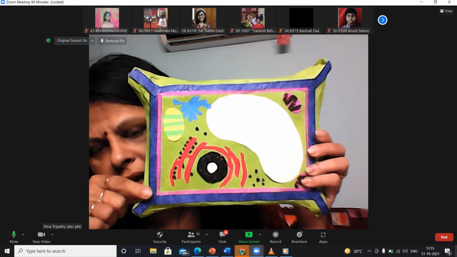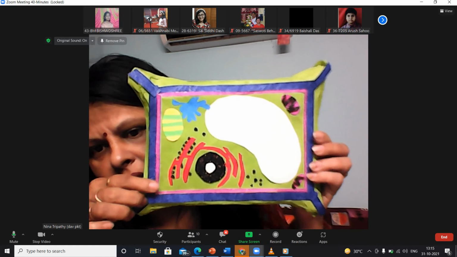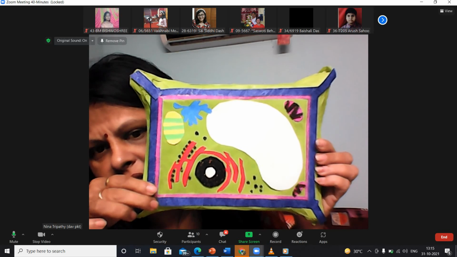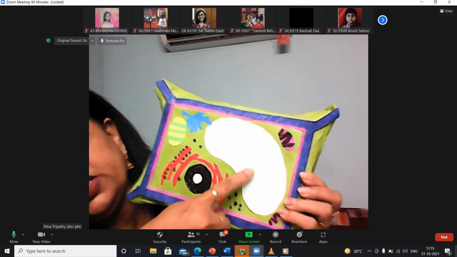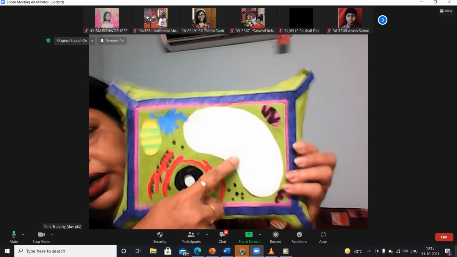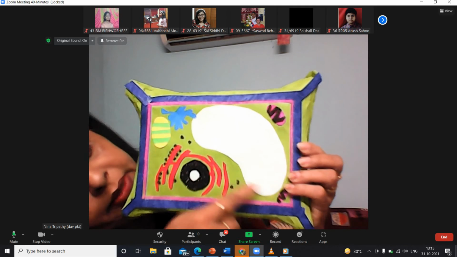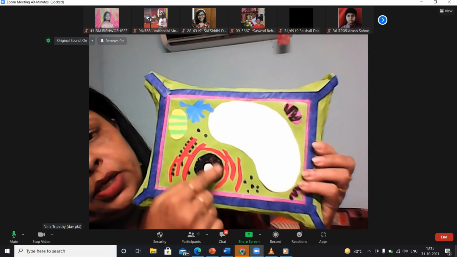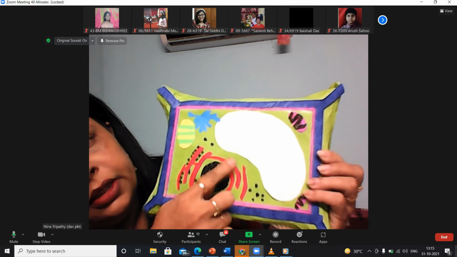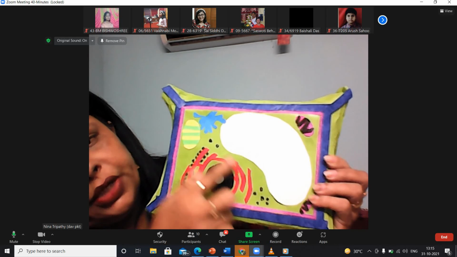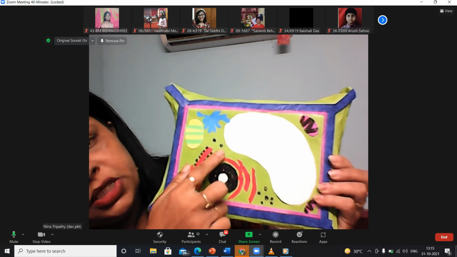You can see this blue line is the cell wall, and inner to the blue line, the pink line is the cell membrane. The bigger part, this one is the vacuole, and you can see this one is the nucleus. Within the nucleus, the nucleolus. And you can see here the endoplasmic reticulum, this is the smooth and this is the rough.